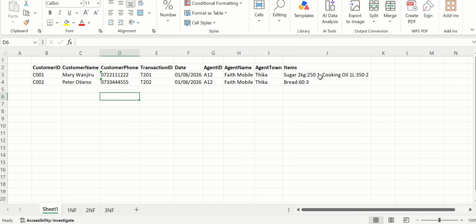So you can see in this column, there are 3 things that were combined. First we have the item, then the unit price of the item, and then the quantity. These are 3 things that were combined in the same cell. Also we have cooking oil here, the same: cooking oil is the item name, 350 is the unit price, and 2 is the quantity.